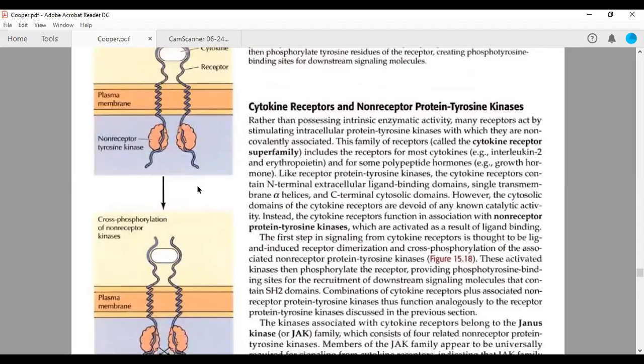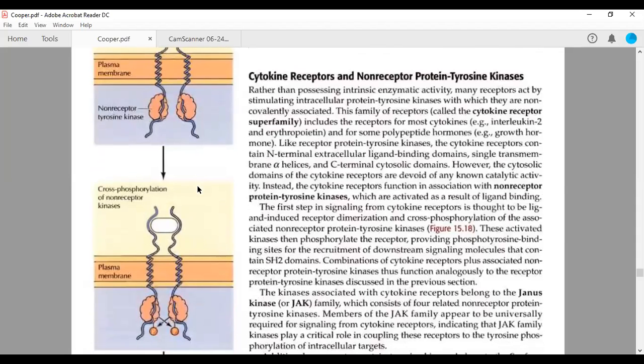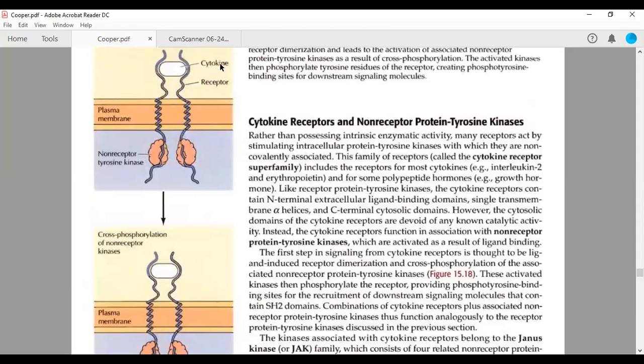Hope this is clear. This is not rocket science. It is very simple: these types of receptors which interact with cytokines do not have the red color stretch, so they cannot function by themselves. Therefore they require additional enzymes or proteins so that the receptor tyrosine kinase activity can be restored.